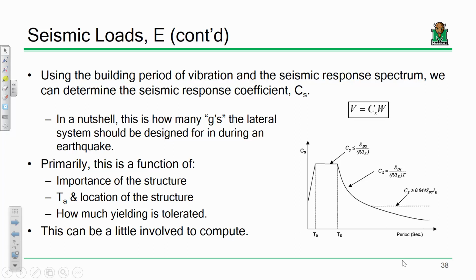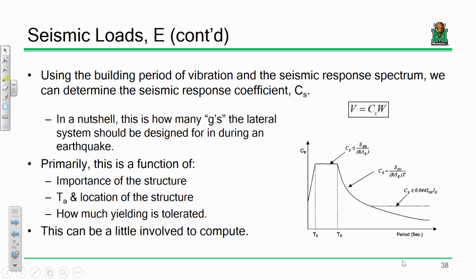And the acceleration is primarily a function of how important the structure is. So we're going to develop different accelerations, whether it's risk category 1, risk category 4, what's the period of the structure, what's the location of the structure, and then how much yielding is tolerated. And how much yielding is tolerated is a function of the type of structure that we're looking at.